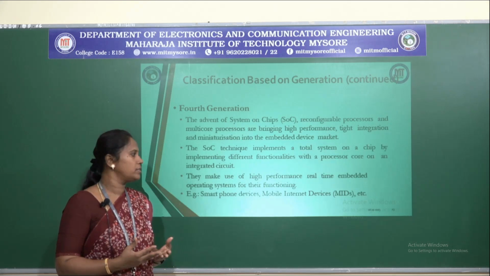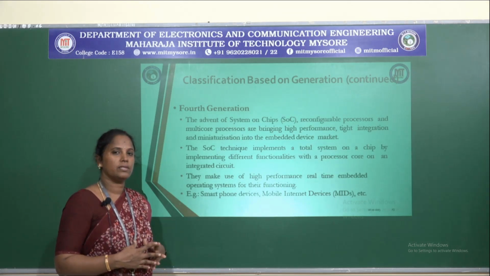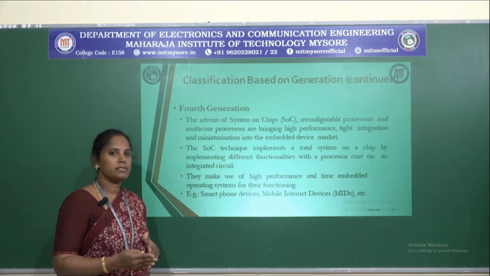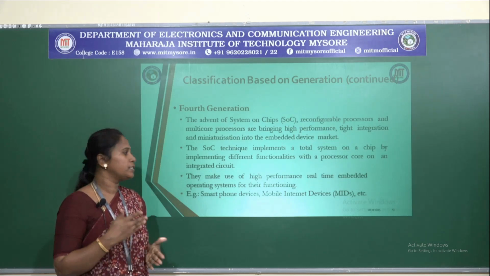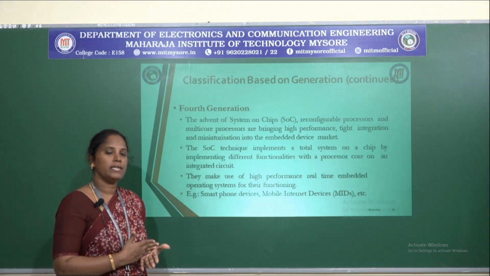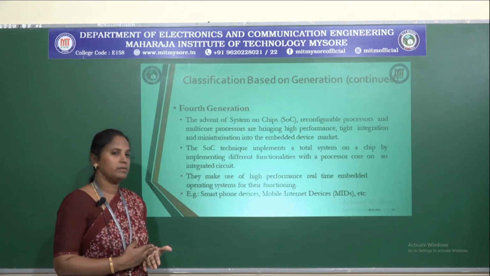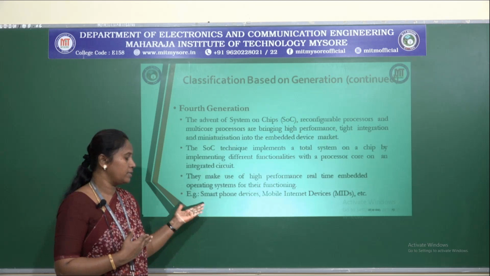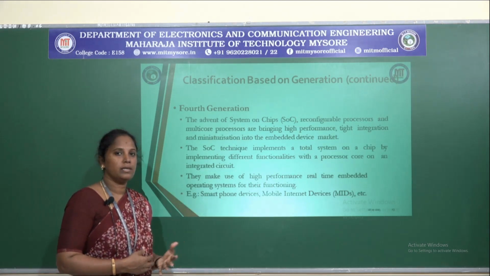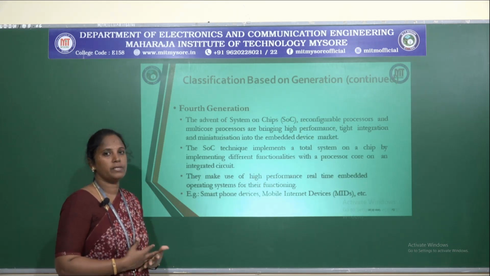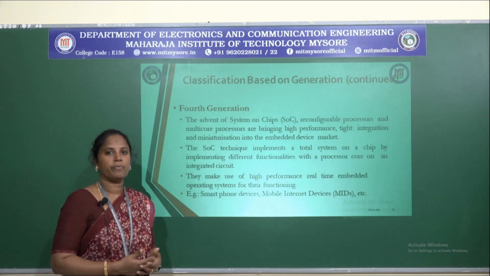In the case of 3rd generation we have general purpose operating system, but in case of 4th generation we have embedded operating system which is used for a single dedicated application which can perform its operation in real time at a much faster rate. For example, at present what we are using, like your smartphones, then your MIDs. So these are the implementations or application areas where your 4th generation was used.